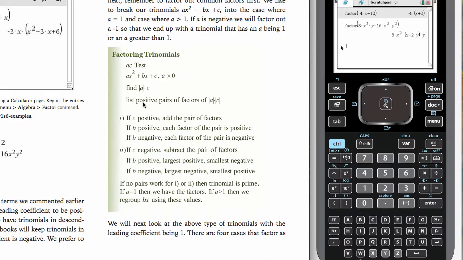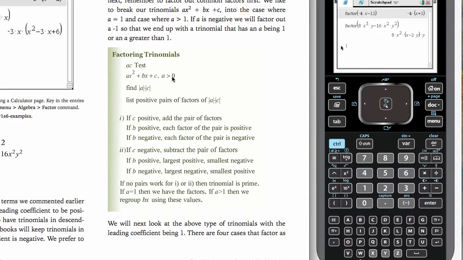So the next thing we're going to do is come up with factoring trinomials. With a trinomial, one that has three parts, we're going to use the AC test. We're going to take the absolute value of A times the absolute value of C, and we're going to make sure that our A is greater than 0.